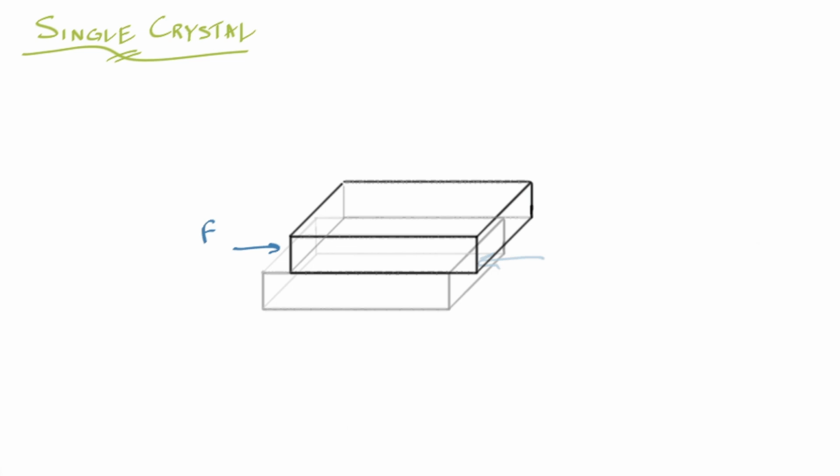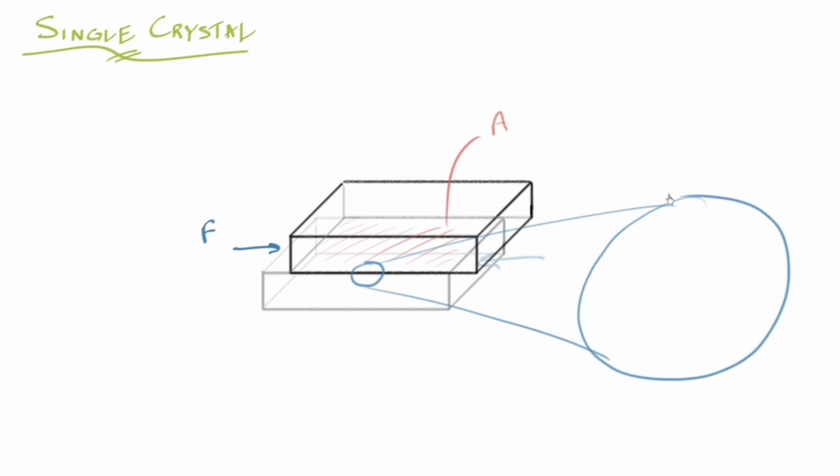So if we did that, you can imagine that we could calculate the theoretical requirement for that force if we knew the area and we knew as well what was going on at the interface here. So what I want to do is do one of these little call-outs here and say, let's consider that interface, all right? And I told you it's a single crystal.